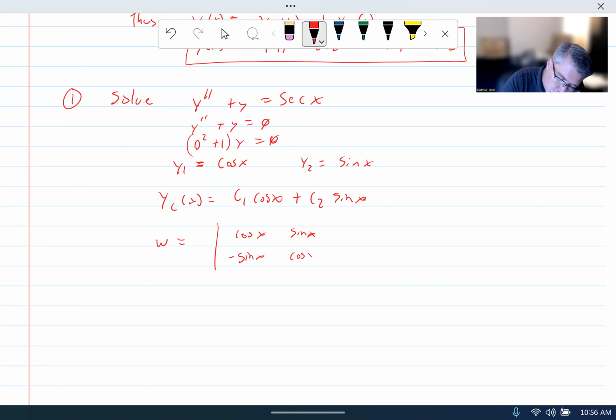Derivative of sine is cosine. Okay, now we're going to take the determinant of this. This is going to be cosine times cosine minus negative sine times sine. And that equals cosine squared x plus sine squared x, which is equal to 1.